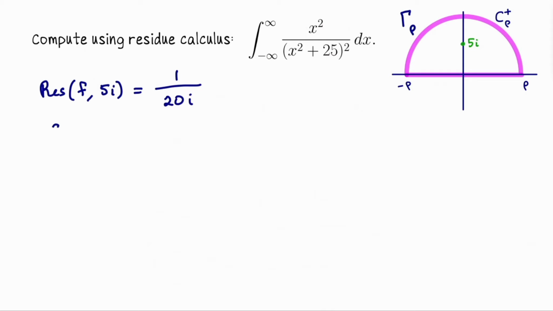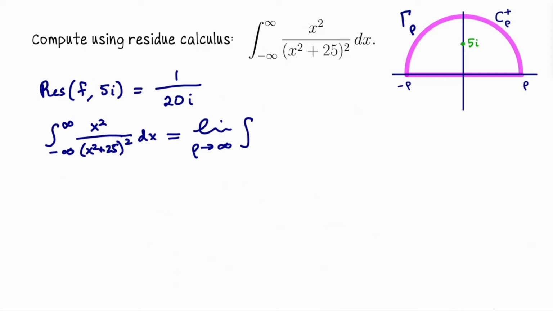All right, so the integral from negative infinity to infinity of x squared over the quantity x squared plus 25, that squared, dx, is going to be the limit as our radius grows to infinity of the integral around the closed contour of z squared over z squared plus 25 squared, take away the upper semicircle.